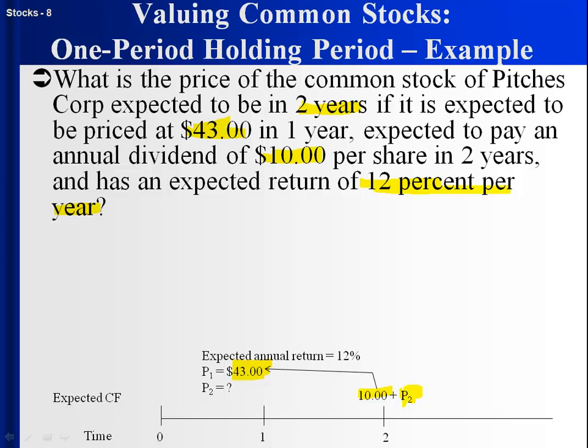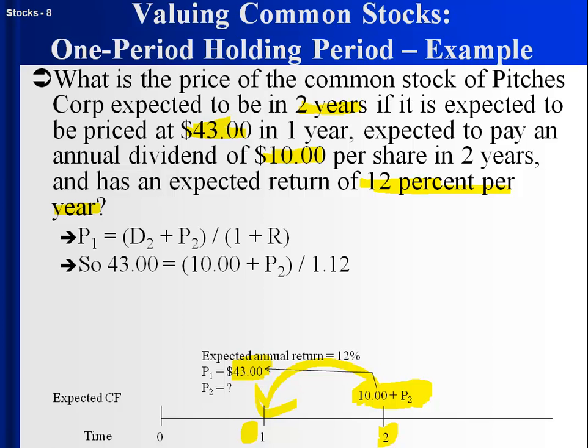So again, take your time machine out here, you get out, and you have a piece of paper that's worth $43. And why is it worth $43? Because 1 year later, you expect to have $10 in your pocket from the dividend, plus you expect that you would have a piece of paper worth a certain amount, so you could sell it and put that amount of money in your pocket. Add 10 plus P2, divide by 1.12, since everything is a year here, and you get $43.